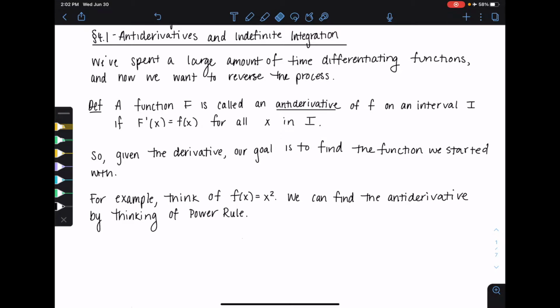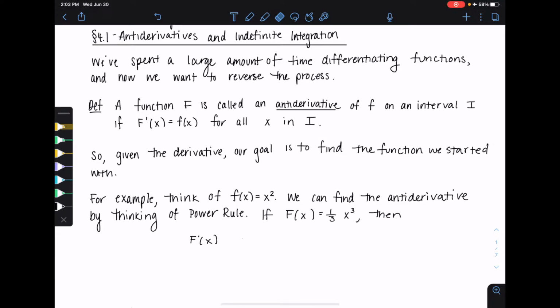If I'm reversing that process, I need to compensate for the fact that the power was brought down, but I also need to bump up my power. So in the derivative, I reduced it to 2. When I bump it up, I better have a third degree power. So if I say capital F of x is 1/3 x cubed, so I've bumped up that power by 1, then I can check my answer.